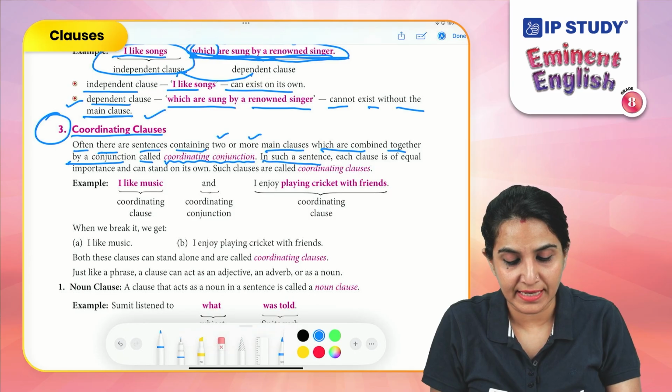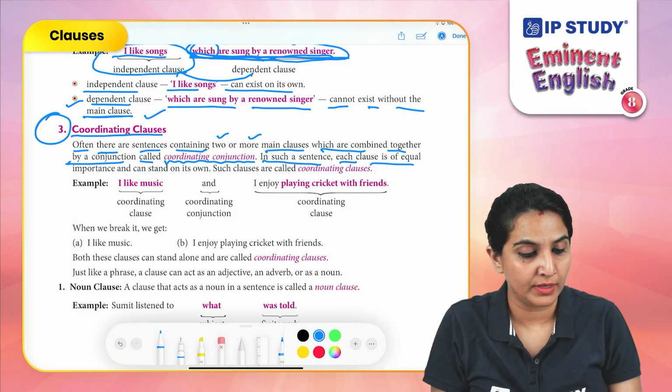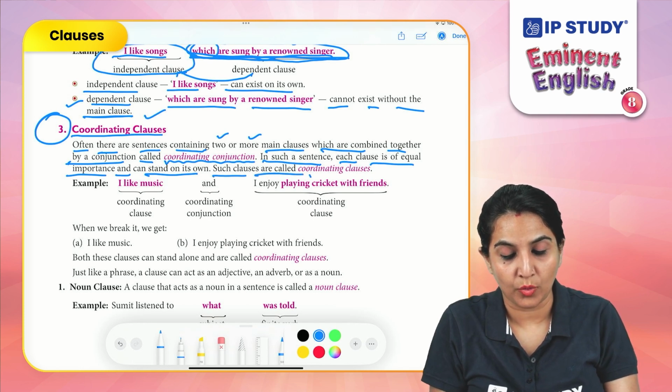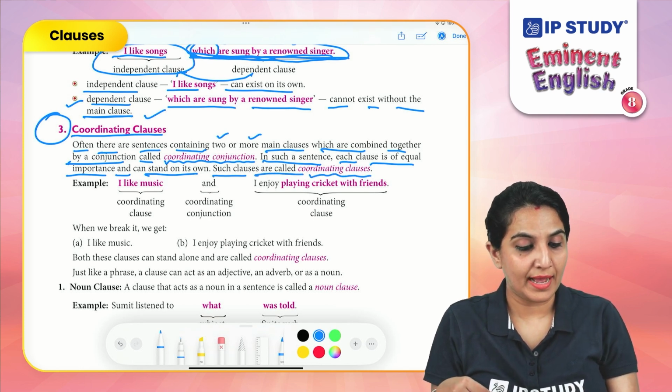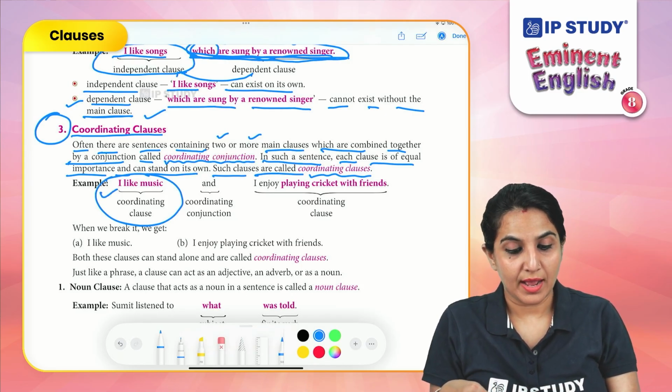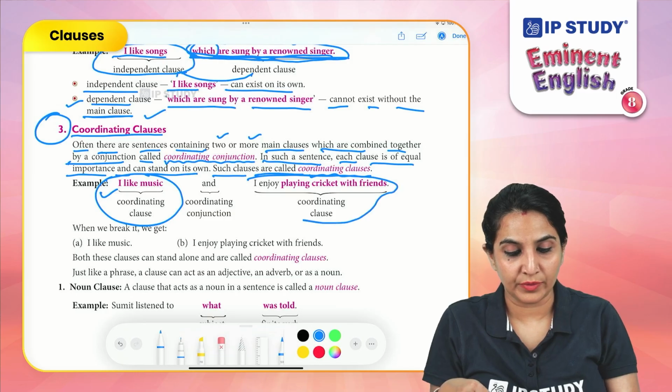In such a sentence, each clause is of equal importance and can stand on its own. Such clauses are called coordinating clauses. I like music. I enjoy playing cricket with friends.